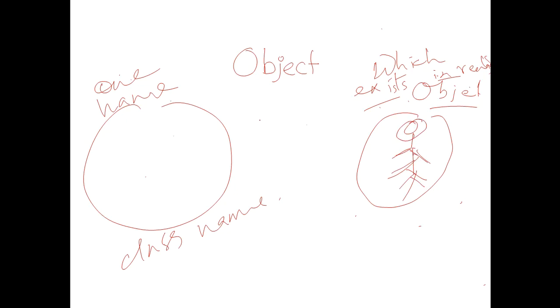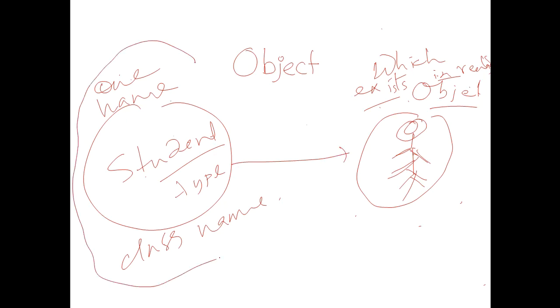You are an object of type student. So student is the type, and you are one example of the student. Student is the idea or the type, and you are derived or created from that student. So we can say any other student too. Hope you understood what is class.